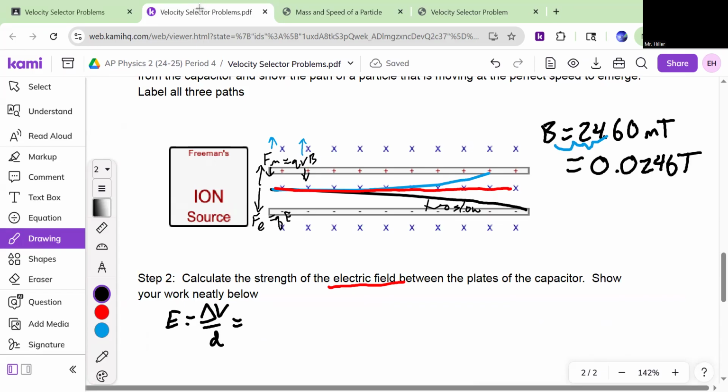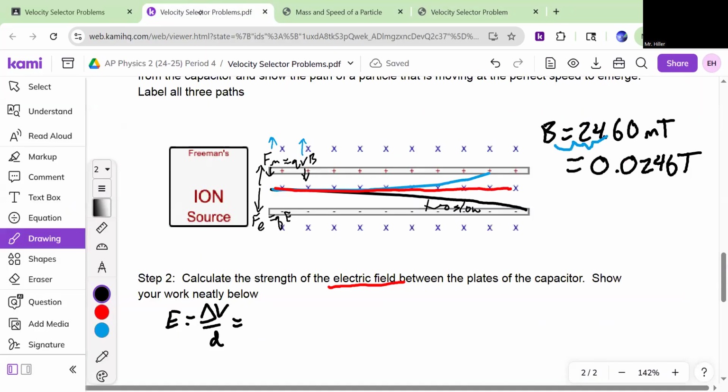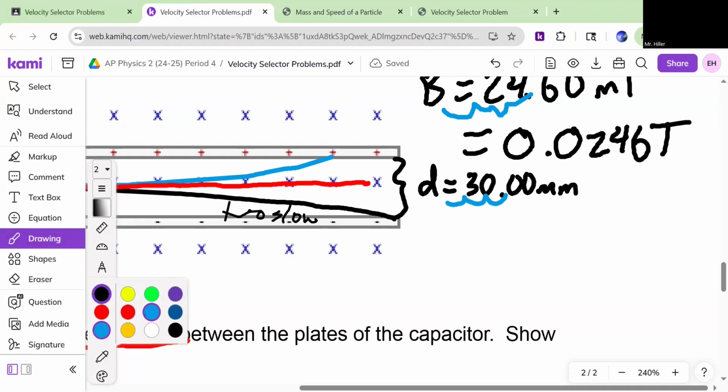Move it 3 to the left. Okay, I'm also given a separation distance of 30 millimeters. So that's D. Now again, to go from millis to regular meters, I have to move that decimal 3 to the left. And that would be 0.03 meters of separation distance.